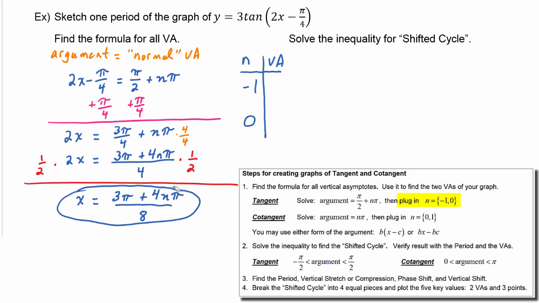If we plug in -1 for n down here, this becomes a minus 4 pi. So we have 3 pi minus 4 pi would be negative pi over 8. If we put a 0 in for the n, of course that wipes out this term, and we get 3 pi over 8.